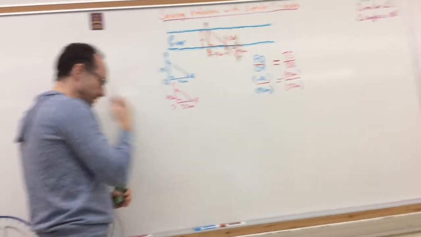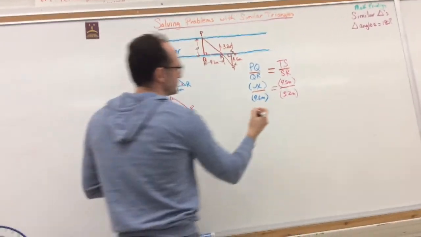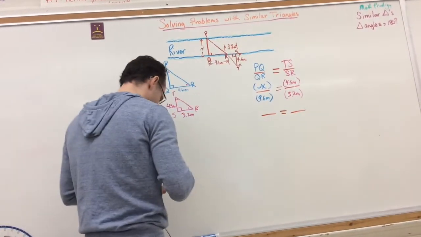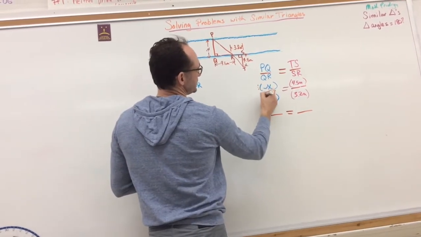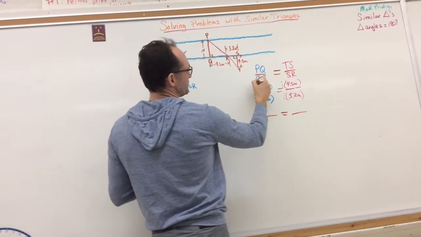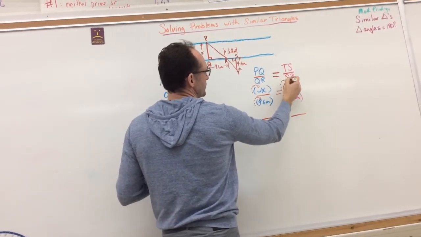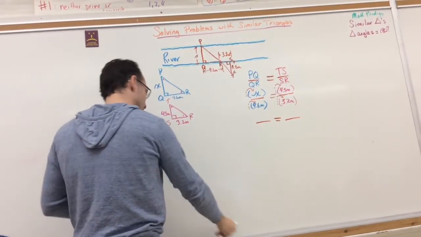Our next step is to get rid of the brackets. According to the order of operations, we do brackets first. At this stage, we should know that there's an invisible 1 in front of each of these brackets. We just simply multiply 1 times x, 1 times 9.6, 1 times 4.5, and 1 times 3.2.